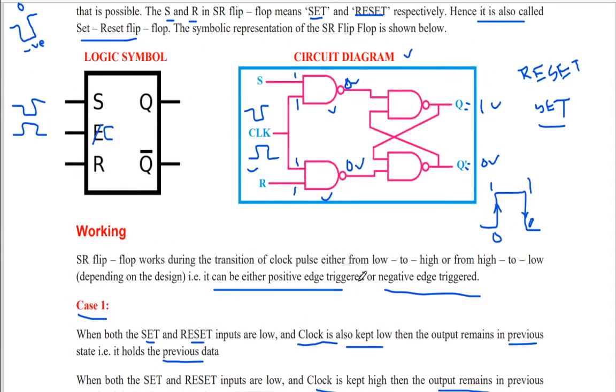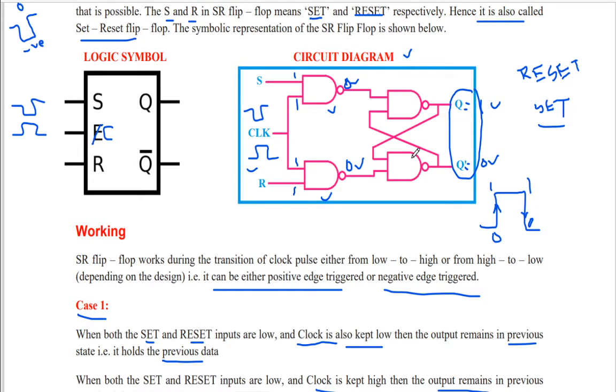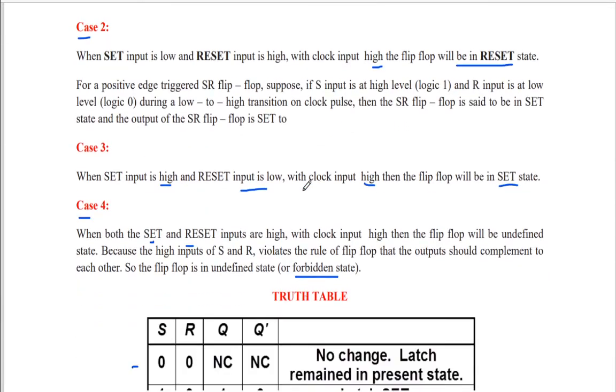This state violates the rule of Q bar being the complement of Q. So here we have an undefined state for the condition when S and R are both 1 and the clock input is also high.